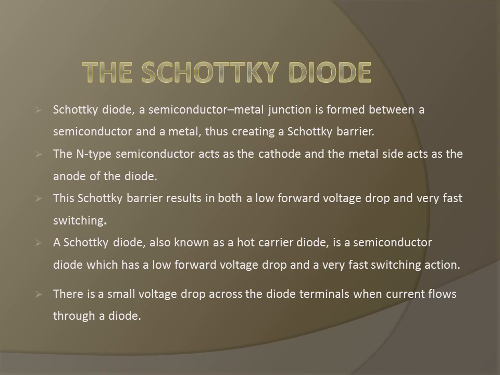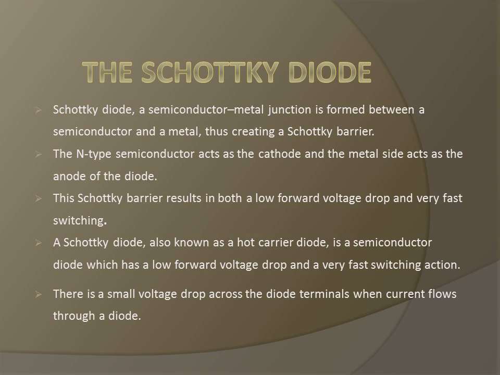The N-type semiconductor acts as a cathode, and the P-type side is replaced by a metal side, and it acts as an anode. This barrier results in a low forward voltage drop across the terminals, and the diode is very fast in terms of switching.